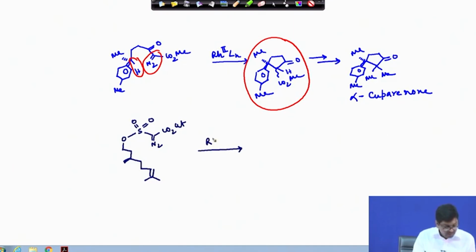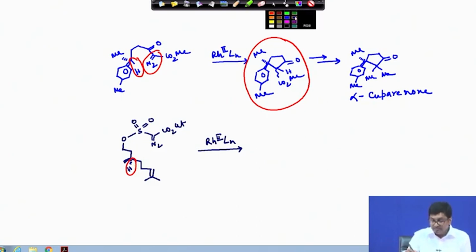Now, again under rhodium 2 catalyst, this can be used to generate the metallocarbene and to provide the corresponding cyclic product after the carbon hydrogen insertion. The metallocarbene will insert into this particular carbon hydrogen bond. So overall the product will be here.